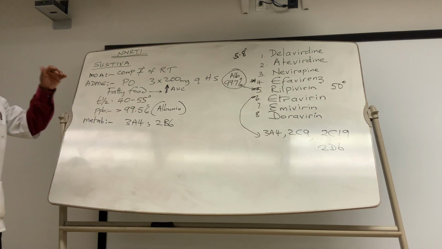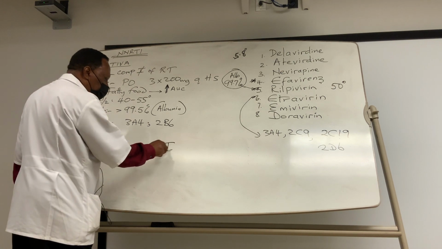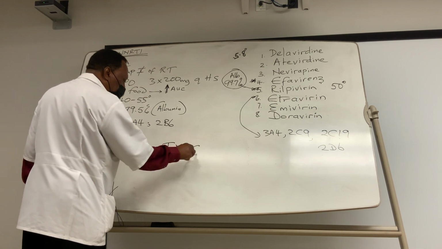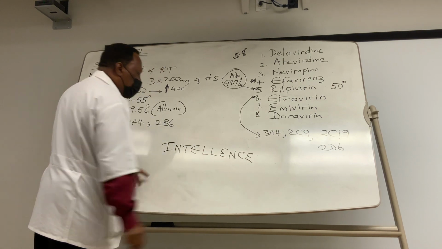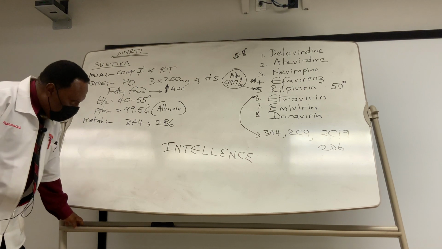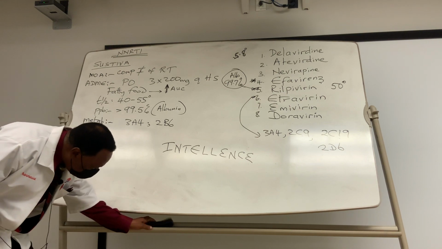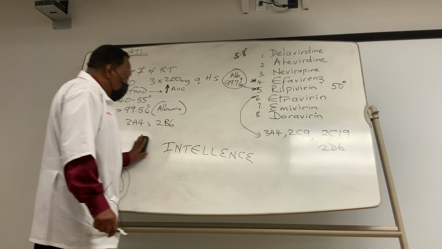The first three are the primary enzymes that biotransform Intelence. The brand name for etravirine is Intelence, as intelligent. And so it is biotransformed by those enzymes.